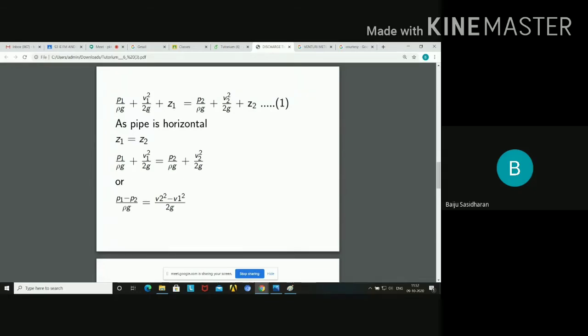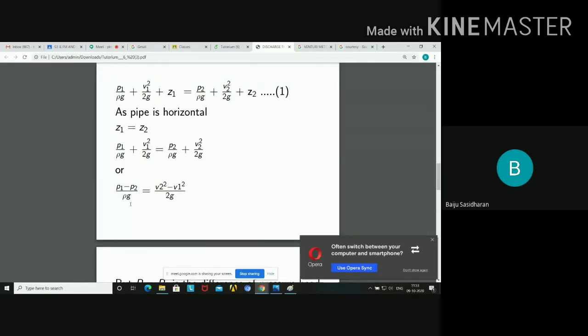Therefore, the expression becomes P1 by rho g plus V1 square by 2g equals P2 by rho g plus V2 square by 2g, or P1 by rho g minus P2 by rho g equals V2 square minus V1 square by 2g. Here P1 minus P2 by rho g is the pressure head H.